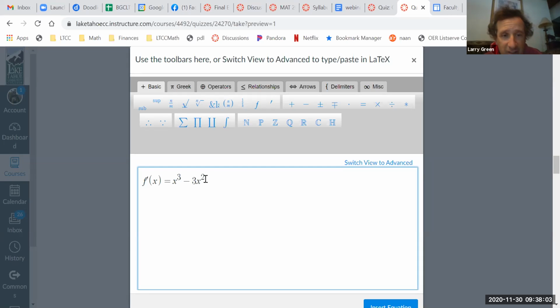What's the derivative of x cubed minus 3x squared? It's going to be 3x squared minus 6x. And as we mentioned, we're setting that equal to 0. So to set that equal to 0, what do we do, in one word starting with an F?